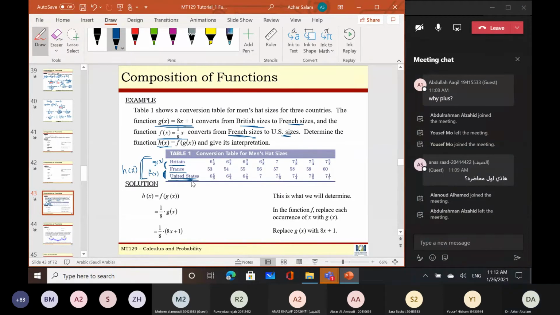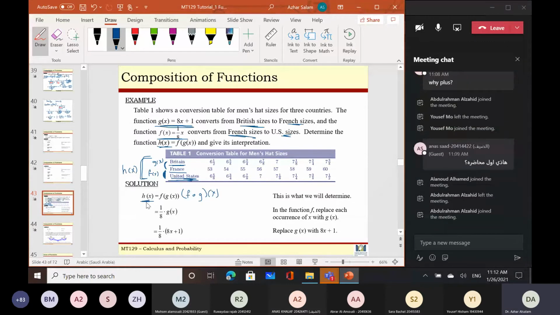Okay, so here the solution is I take the function h defined by f of g of x, which is actually f circle g of x. This is the conversion from the British size to US size. And of course, I take the function f, which is 1 over 8 multiplied by x, and substitute x with g of x. g of x is 8x plus 1.